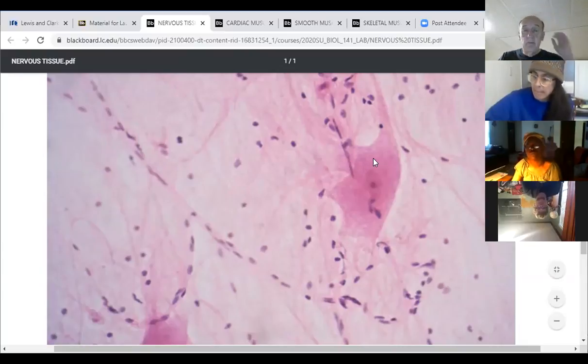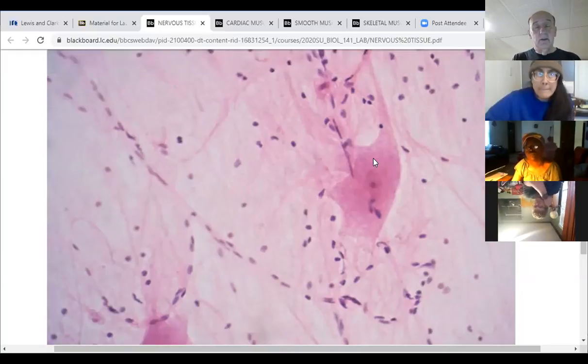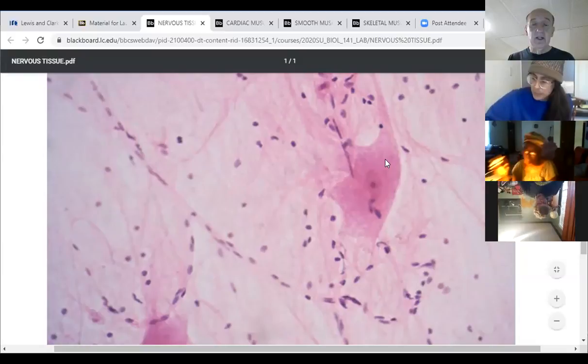Neurons function by creating and conducting nerve impulses. So this is a very unique function. Nothing else in our body can do this. Neurons are uniquely able to create nerve impulses, nerve signals, and move them along long distances. The axons of some neurons in the body measure several feet in length.